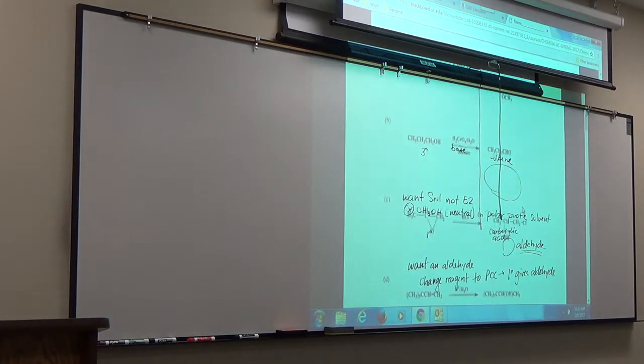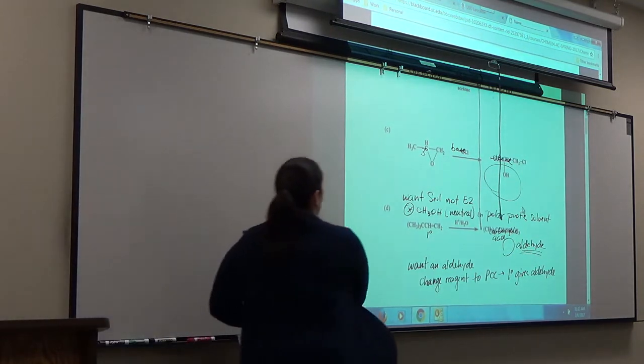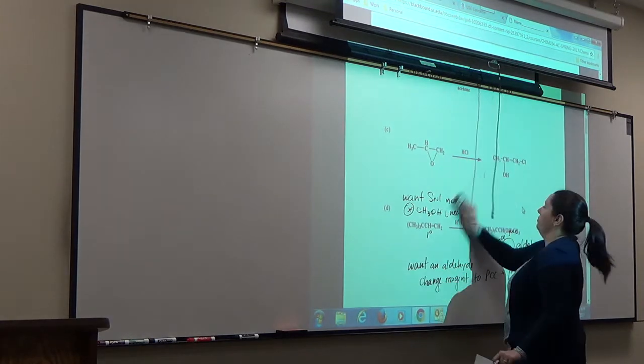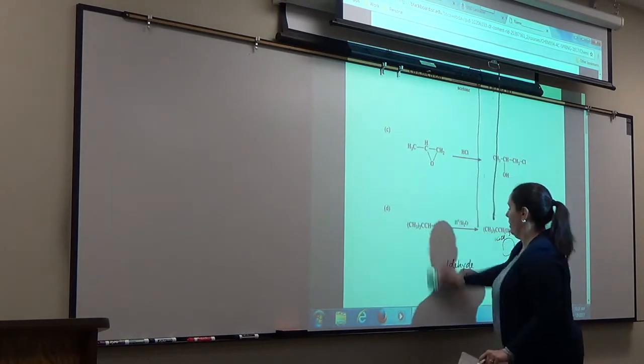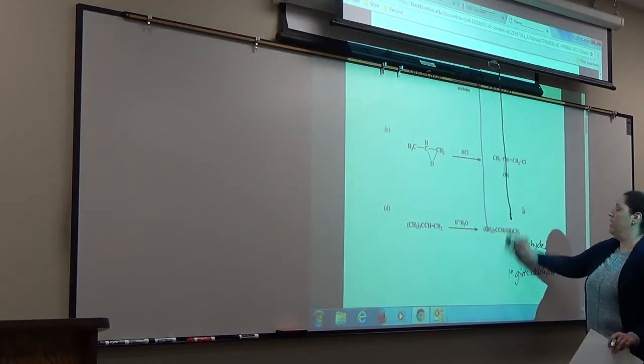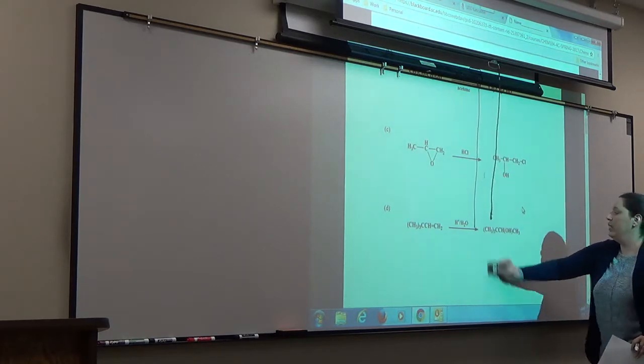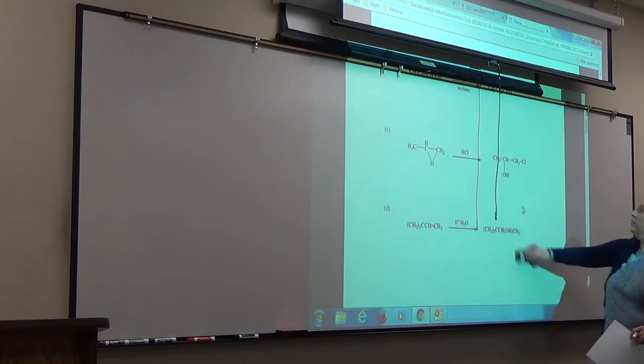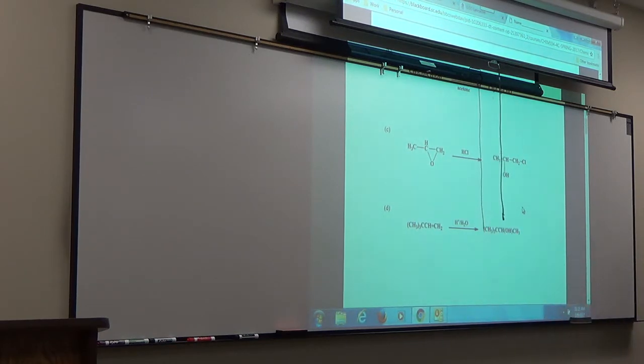The next one is an epoxide. The way the epoxide is given there with the reagent, what kind of reactions do epoxides undergo?